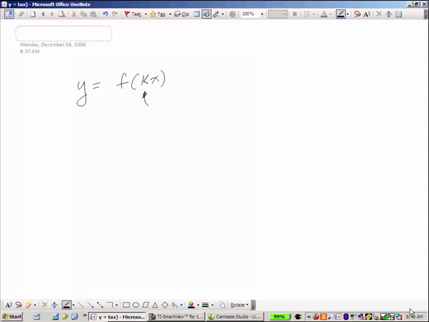So the last transformation that we're really going to look at is what happens when you multiply the x values before you put them into the function. So far we've added and subtracted values from x and y, and we saw that those were shifts.